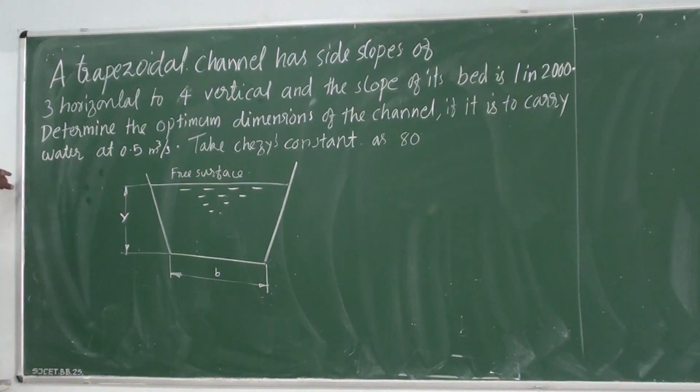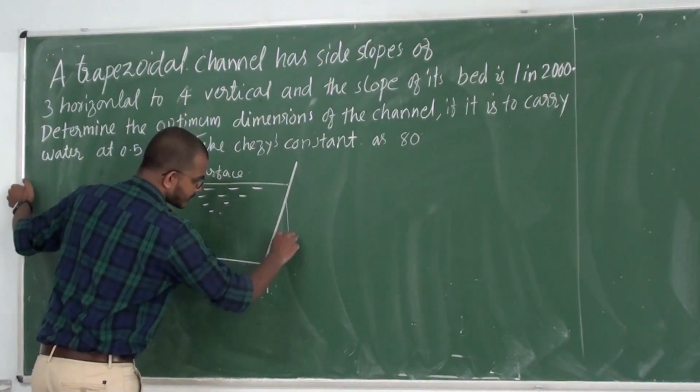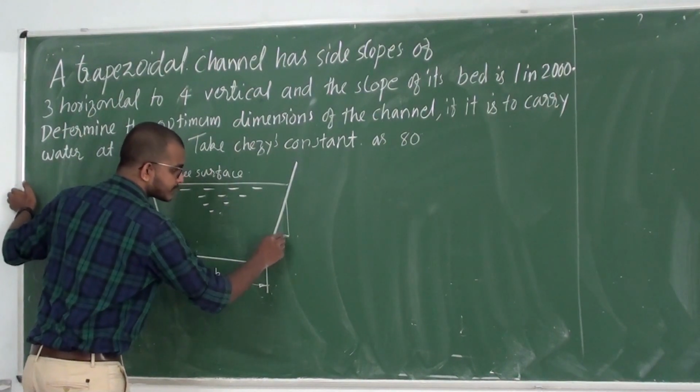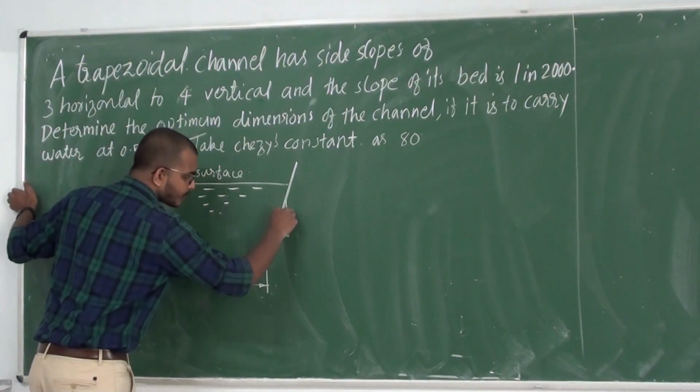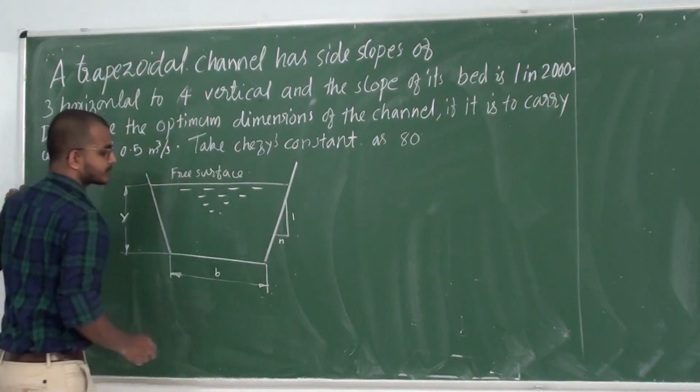So, the given data are a trapezoidal channel has side slopes of 3 horizontal to 4 vertical. So, that is n. So, what is n? Usually, we designate the slope as for 1 vertical there is n horizontal.